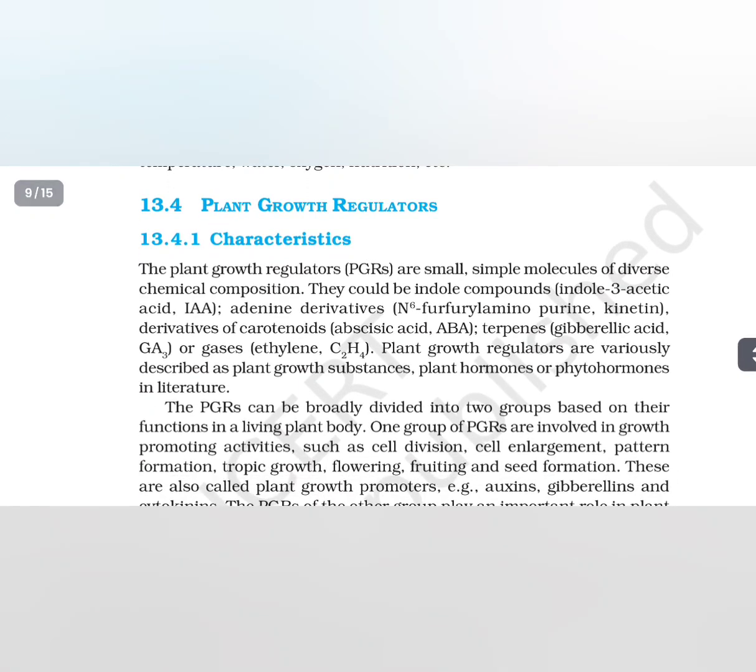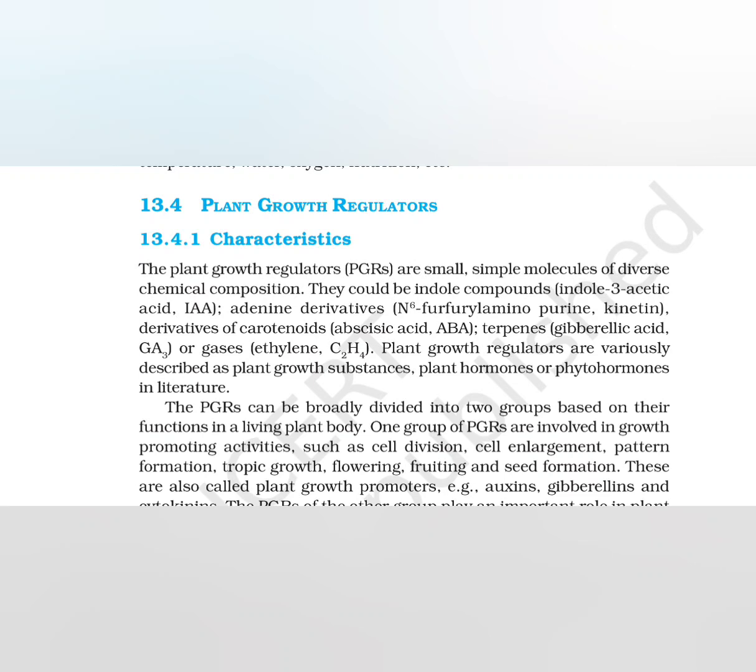Plant growth regulators. Characteristics. The plant growth regulators, PGRs, are small, simple molecules of diverse chemical composition. They could be indole compounds, indole-3-acetic acid, IAA, adenine derivatives, N6-furfurylamino-purine, kinetin, derivatives of carotenoids, abscisic acid, ABA, terpenes, gibberellic acid, GA3, or gases, ethylene, C2H4.